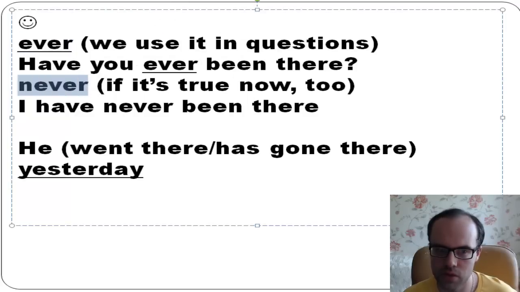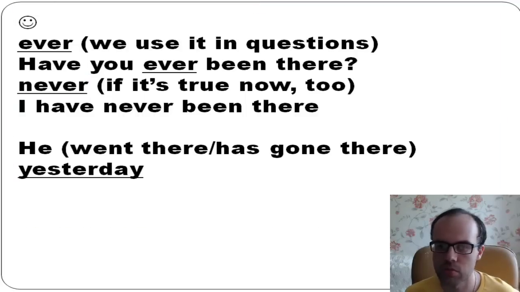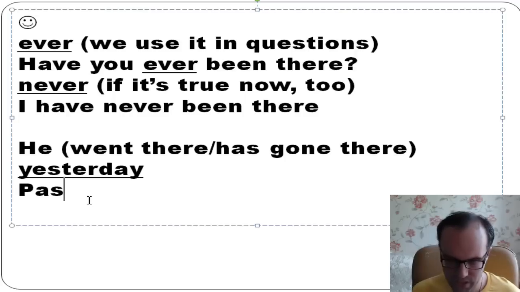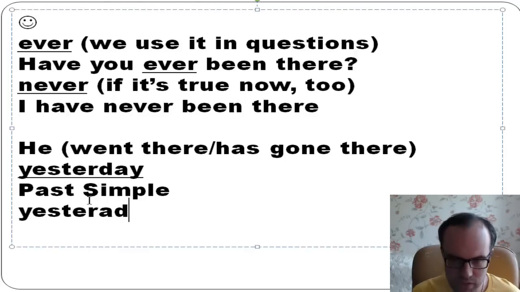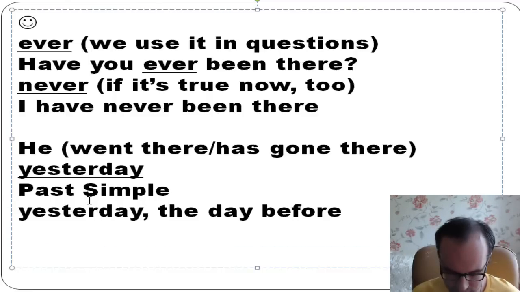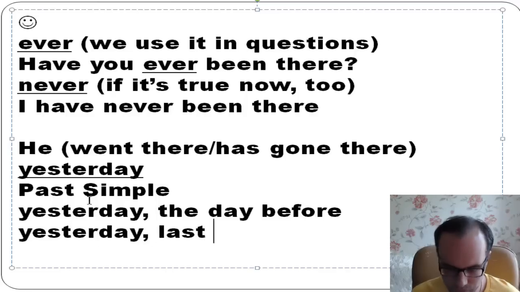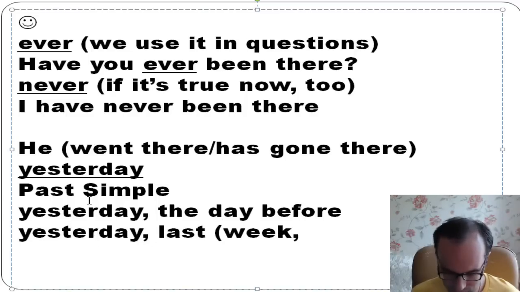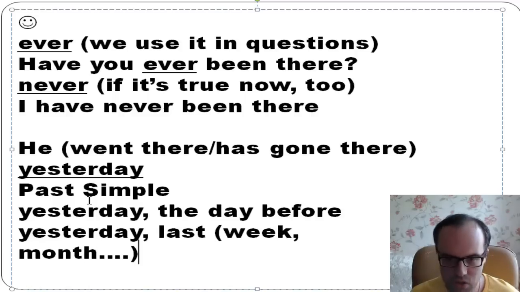And there are some words which tell us that we need to use past simple. And yesterday is one of these words. So if we are talking about past simple, such words as yesterday, the day before yesterday, different variants with last week, last month, and so on, and different variants with ago.